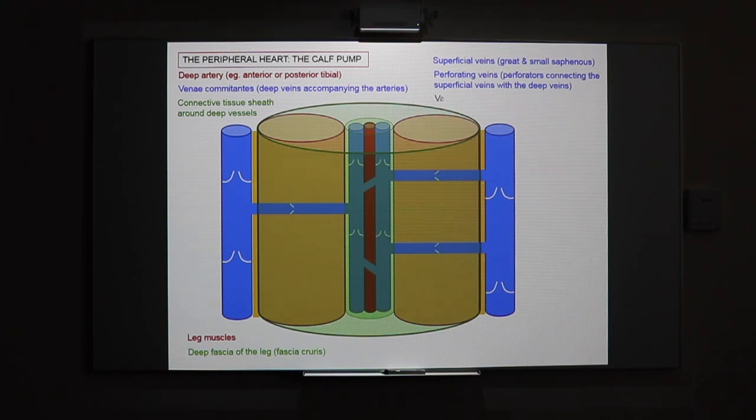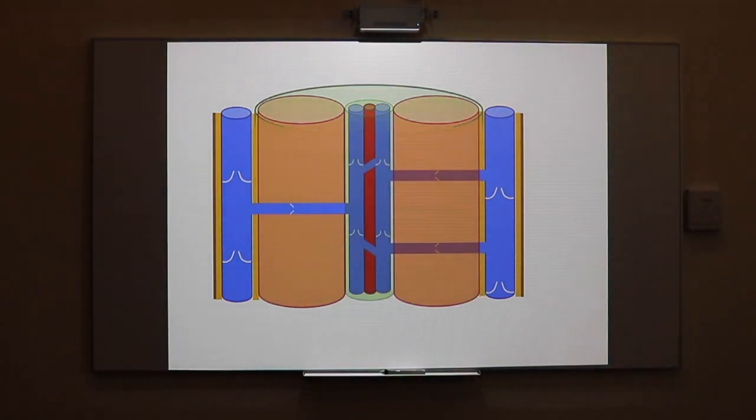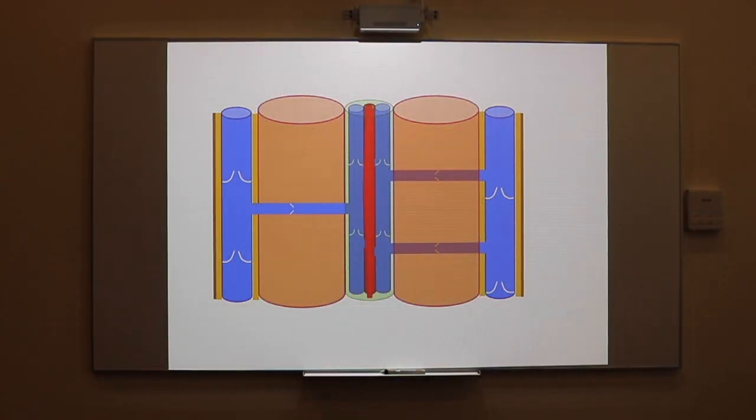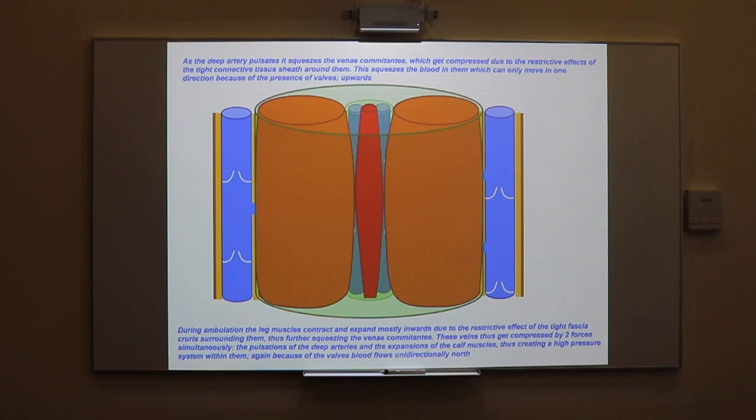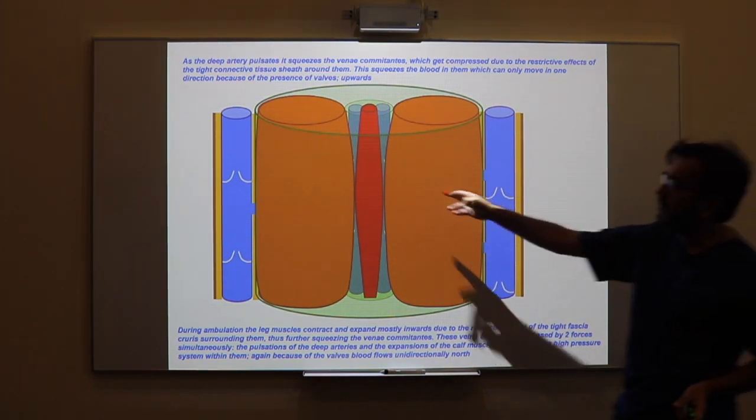Now look at what happens in the normal situation. The arteries are pulsating, and as they do, they increase the pressure over the deep veins. Furthermore, your muscles are contracting, and as the muscles contract, they further compress the deep veins.